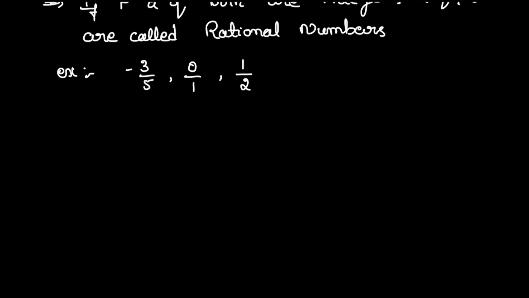Rational numbers, first property is closure property. Next heading is properties of rational numbers.